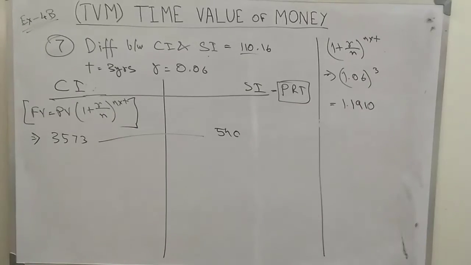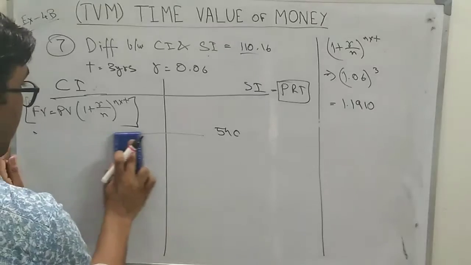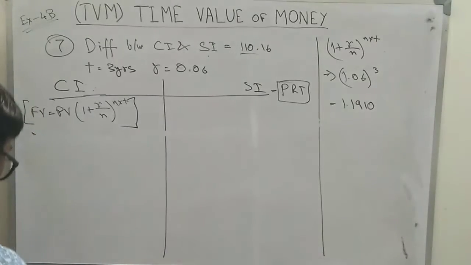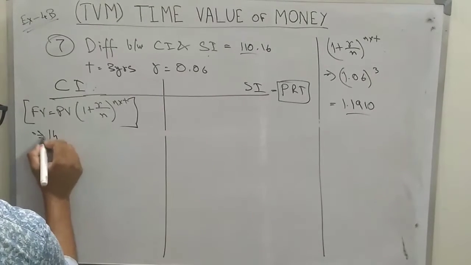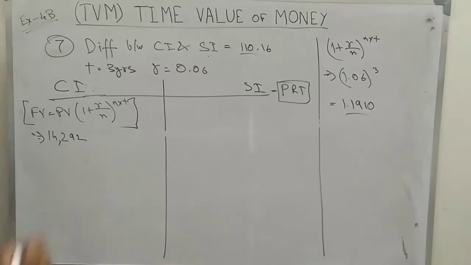Let us try it with 12,000. If we take 12,000, we multiply 12,000 into 1.1910, which comes to 14,292.